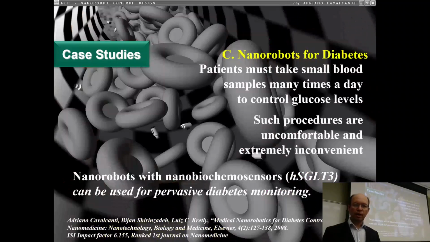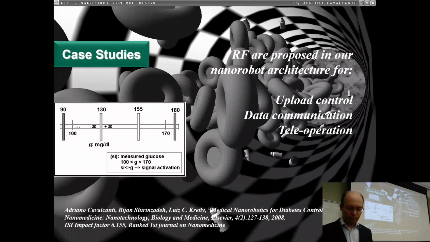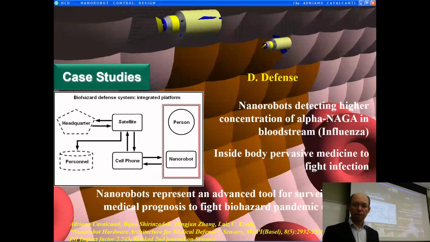So not only heart and cardiology, but also diabetes. We have a related protein that can be used for glucose monitoring in the bloodstream.